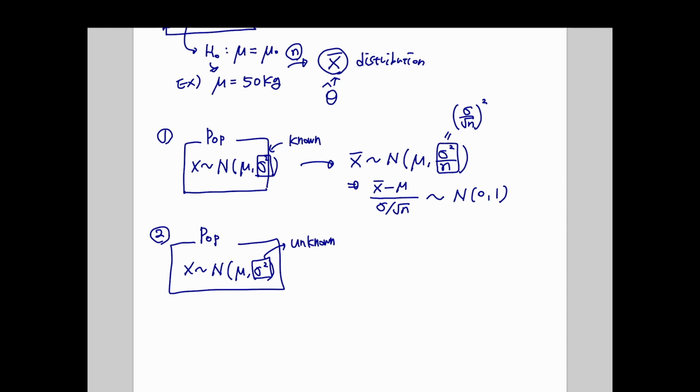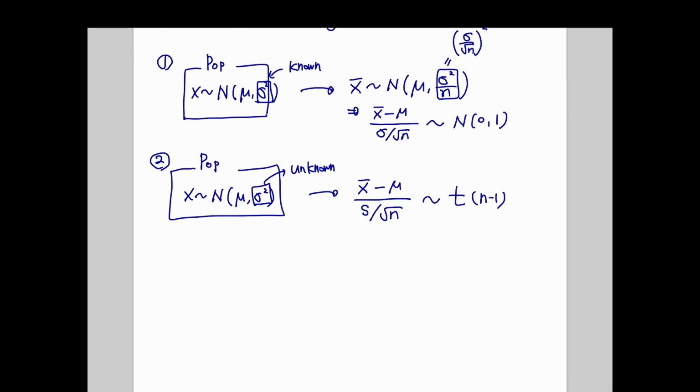So x bar minus mu divided by the sample standard deviation s over the square root of n follows a t distribution with n minus 1 degrees of freedom.